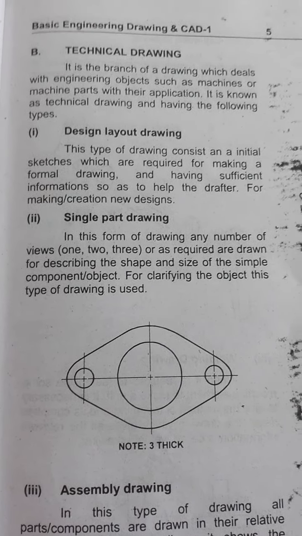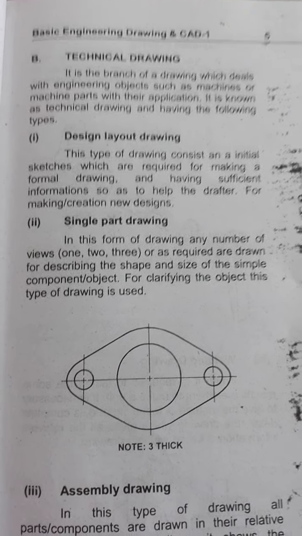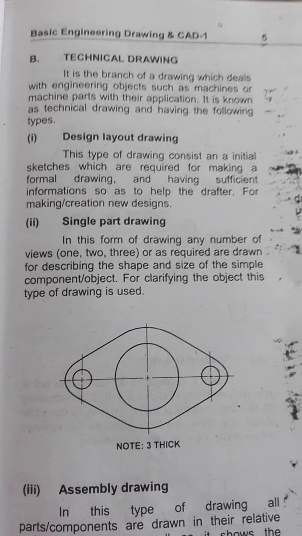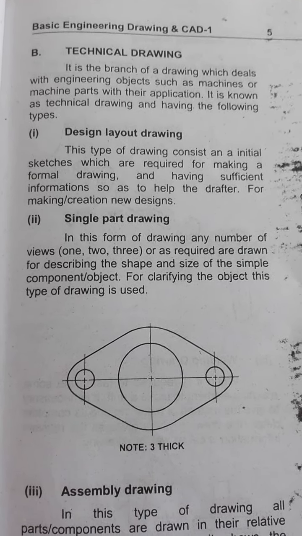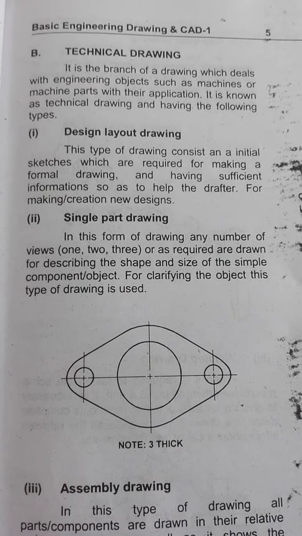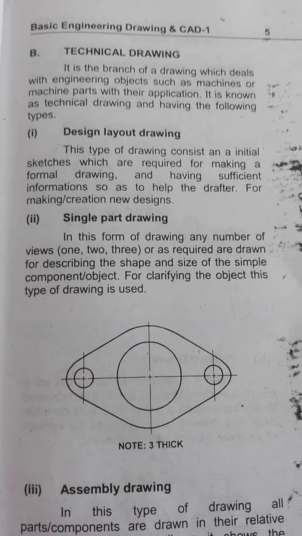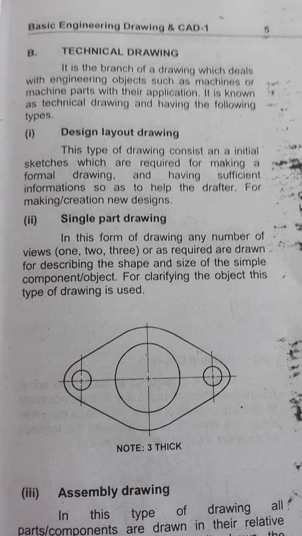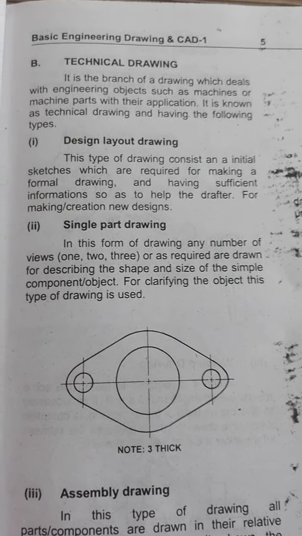The other three surfaces will be ignored because they are common. If we draw one view and full information about the machine part is there, and when anyone sees the drawing he can understand the whole component, then we draw only one view, a single part drawing.